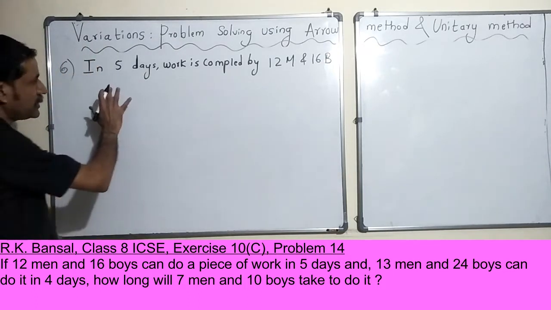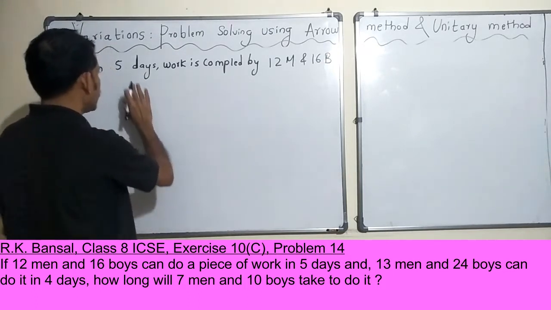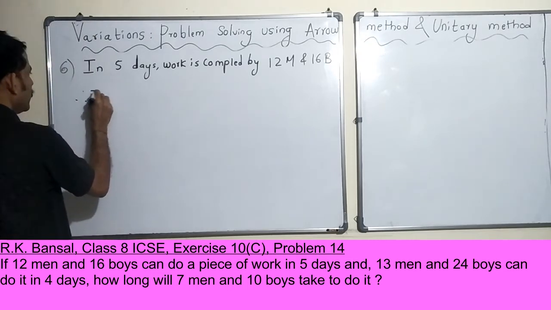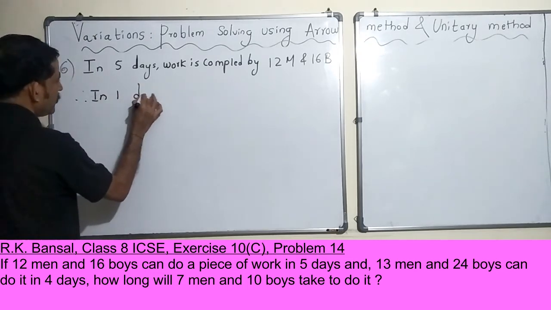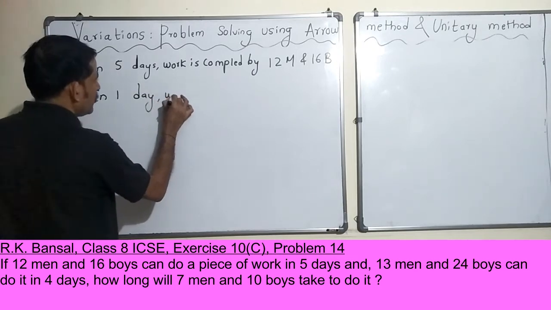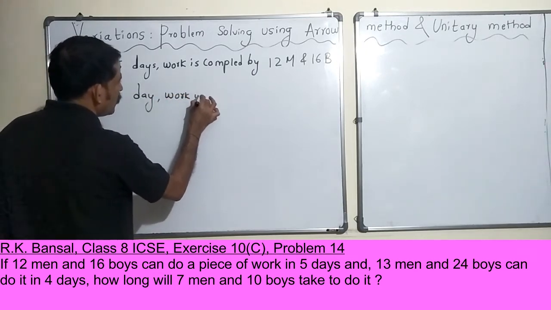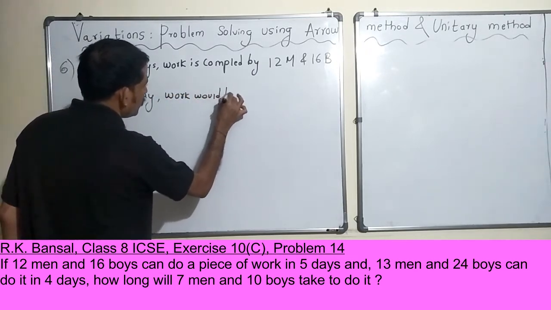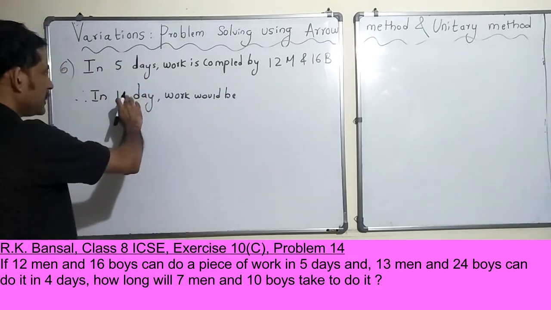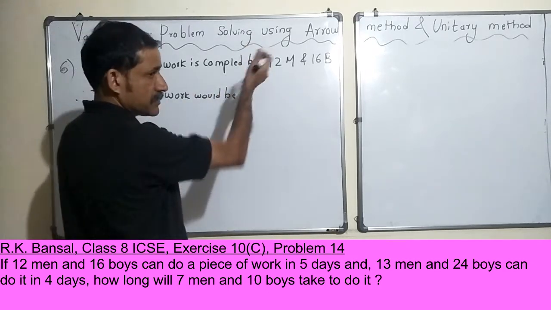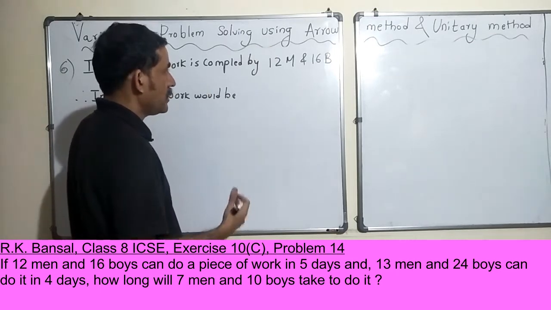Now we will try the unitary method, we will try reducing it to 1 day. Therefore, if the same work had to be done in 1 day, see, as the number of days reduces, you will need more laborers or more workers to finish.